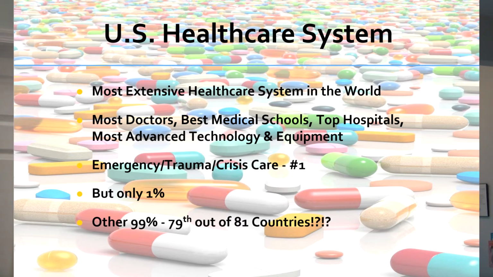What does that mean? Well, for the other 99%, meaning where we fall into category, we're 79th out of 81 countries. So what does that mean? We're #1 in emergency trauma care, healthcare crisis. But what happens is preventative, or to make sure you're functioning properly, we're only 79 out of 81 countries.